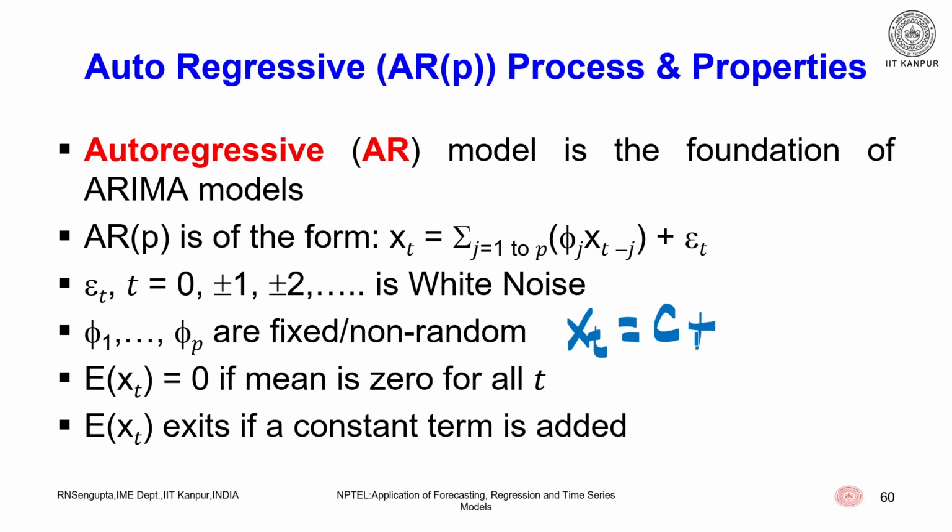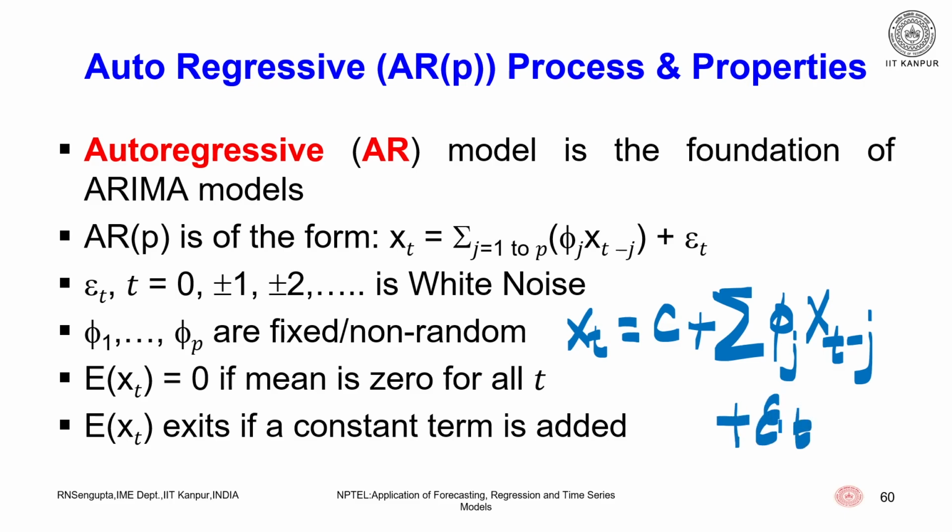This constant comes into place when you try to find the expected value of the series, plus the summation, obviously j equal to 1 to p, of phi j x t minus j, plus epsilon t. Epsilon t, as you know, is the white noise with 0 mean and variance sigma square, as already discussed.